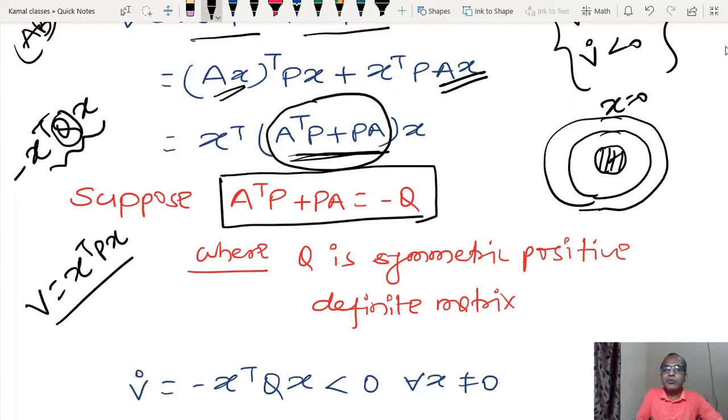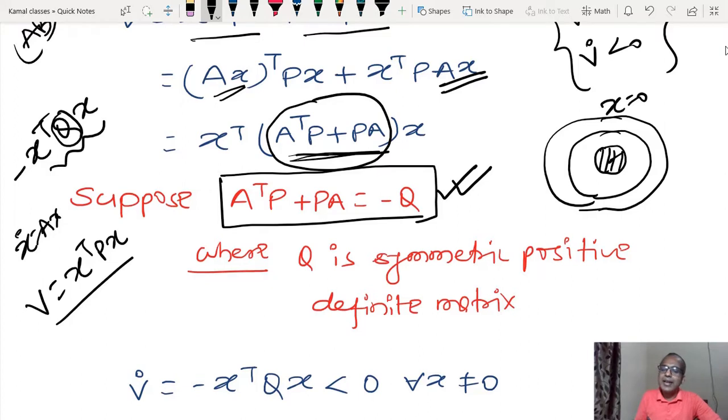I have to solve this matrix equation, and if a solution exists, then I can pick that P and plug it in here, and after that I can guarantee that for this linear time invariant system I have this kind of Lyapunov function. So the whole story now boils down to the solution of this equation, and this equation is very famous in the linear control literature, even in the mathematics literature. This equation is called the Lyapunov equation.